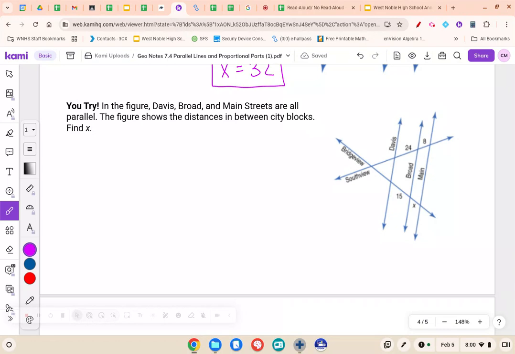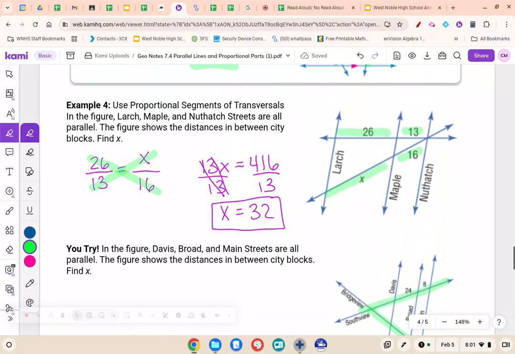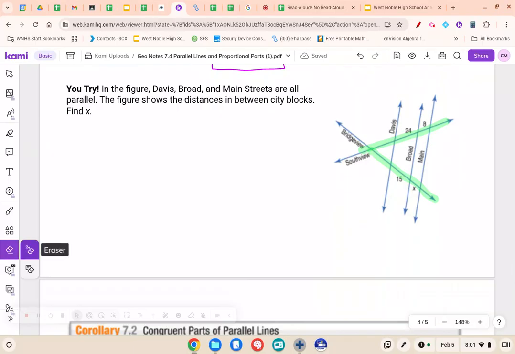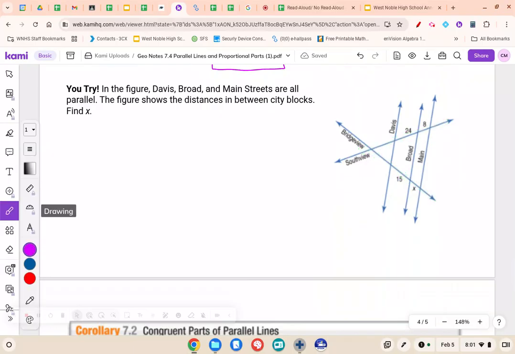Find X. So this figure looks a little bit different because the triangle is made all the way out here instead of like this one. That's okay. Totally valid. You can still set up the exact same way. So I'm going to put 8 over 24 equals X over 15.